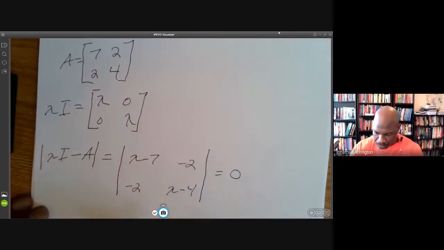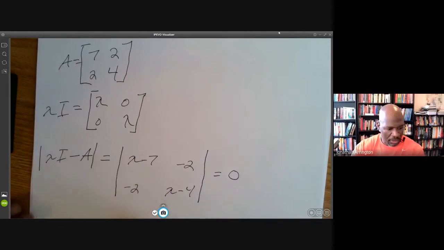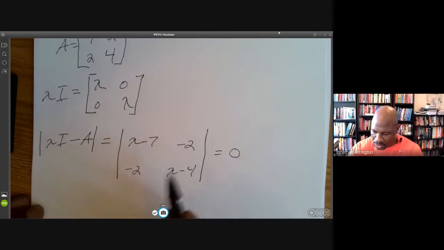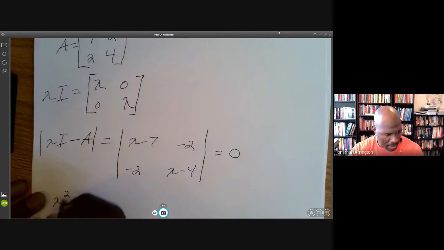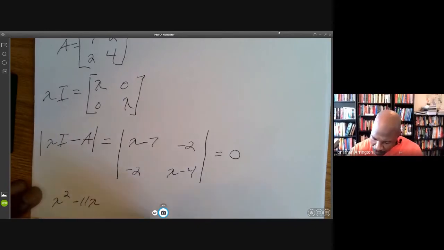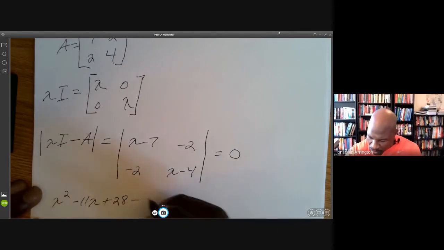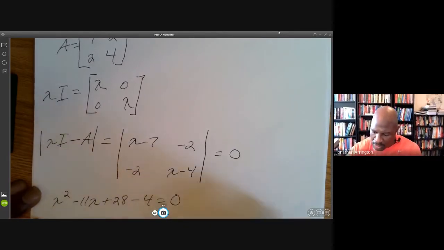To take the determinant of a 2 by 2 matrix, we multiply these two minus the product of these two. So if we multiply these two, we'll have lambda squared minus 11 lambda plus 28, minus those two, which are just 4, equals 0.